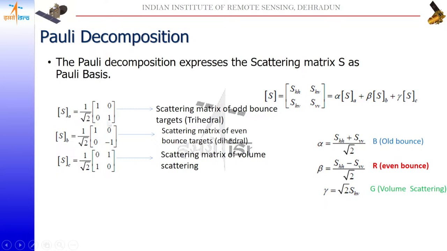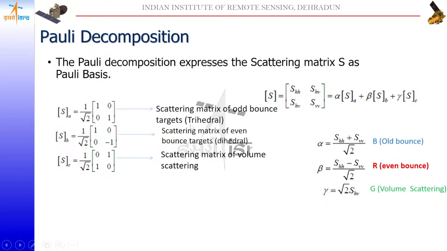This is the scattering matrix for the trihedral or an odd bounce, or surface scattering we can say. For surface scattering, like an ocean surface, a river body or open fields, there will be an odd bounce.